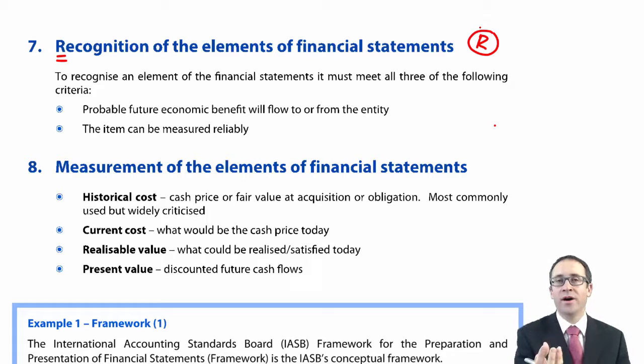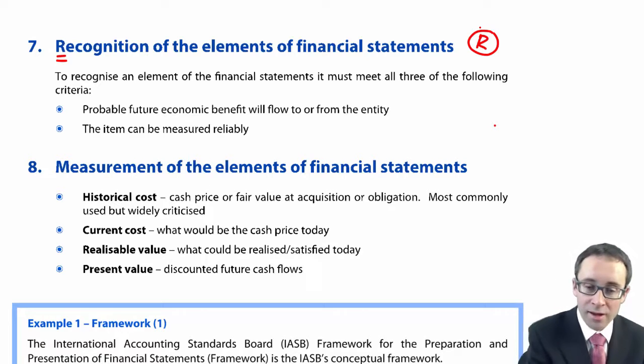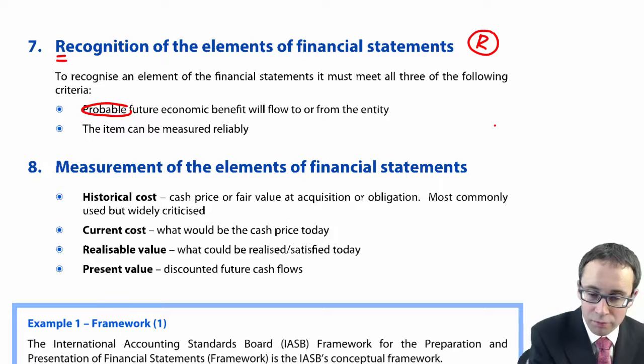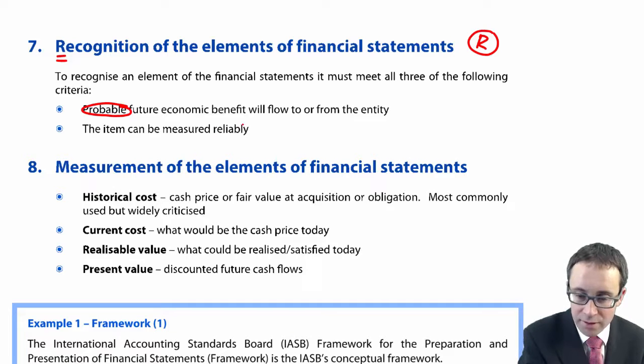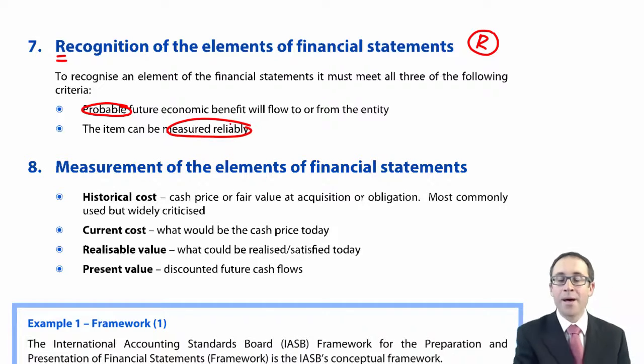So to record it within the financial statements, it has to pass not just the definition, but also meet the recognition criteria. And the recognition criteria there is, is it probable future economic benefits? And as well as probable future economic benefits, you want it to be measured reliably. Okay, so you can actively assign a valid number to the asset, the liability, the equity, income, or the expense.